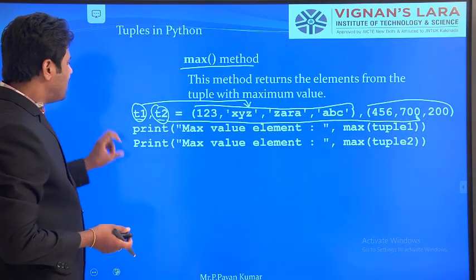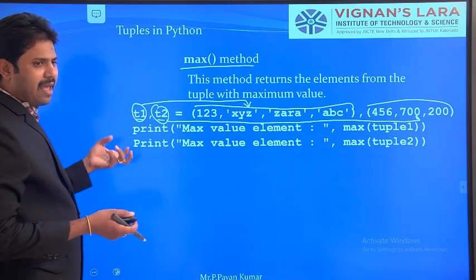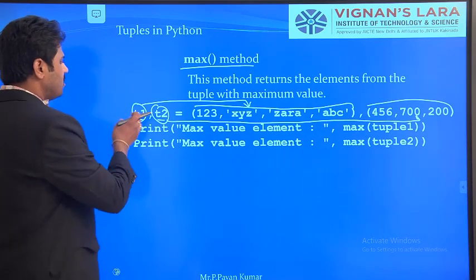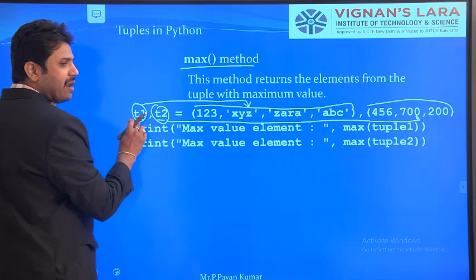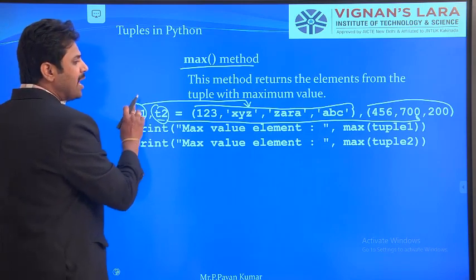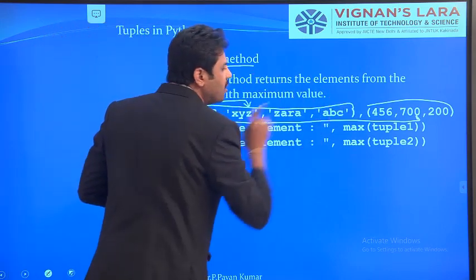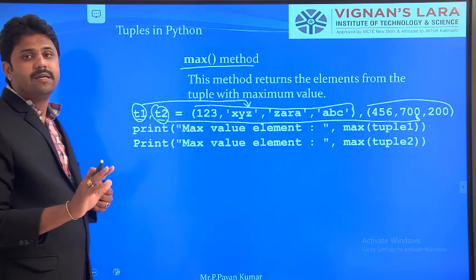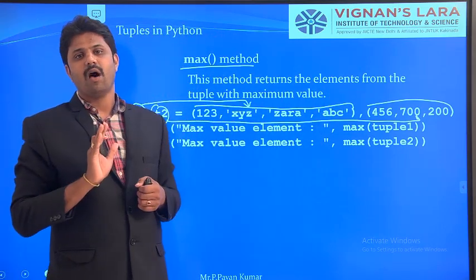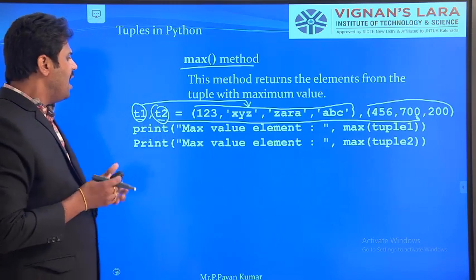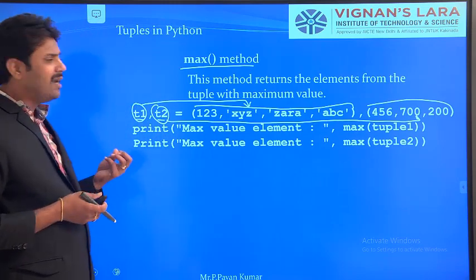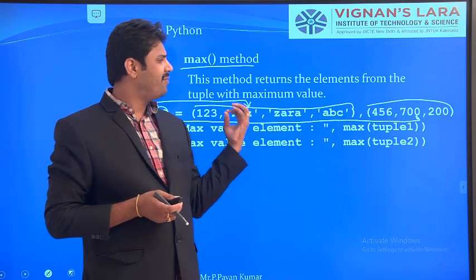That means, first T1, if you have a tuple variable T1, the first one is going to be T1 and the second one is T2. You can write statements like this also. For example, I want to find the maximum element in T1 and T2.